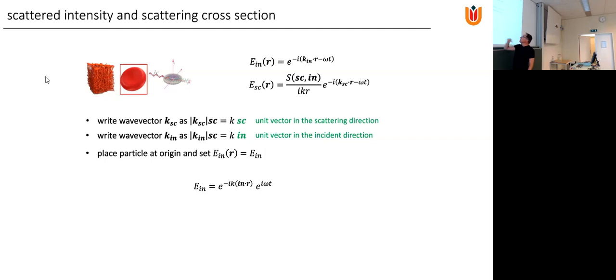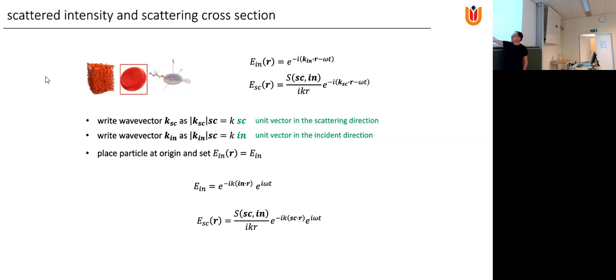So then, starting with the top equation, we separate the exponentials for the r dependence and for the time oscillation, the t. Like this.